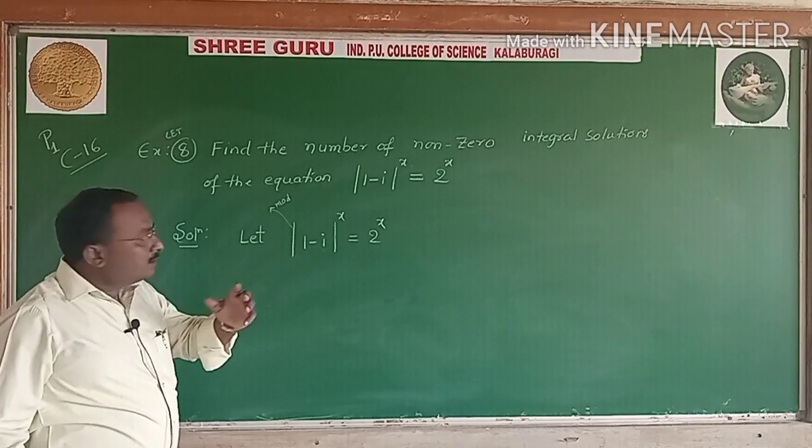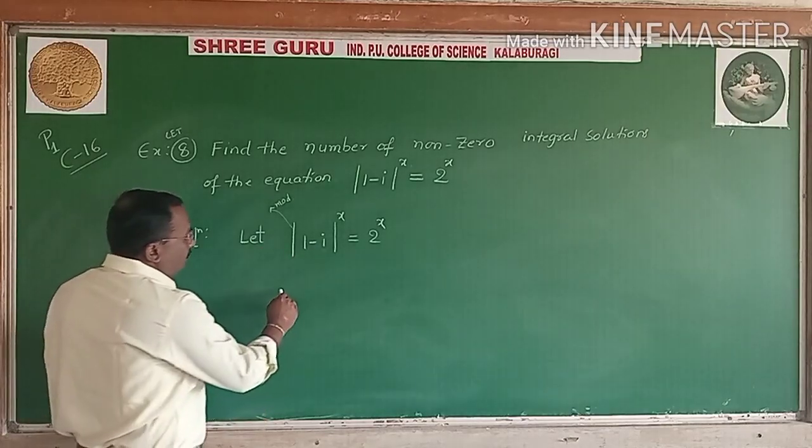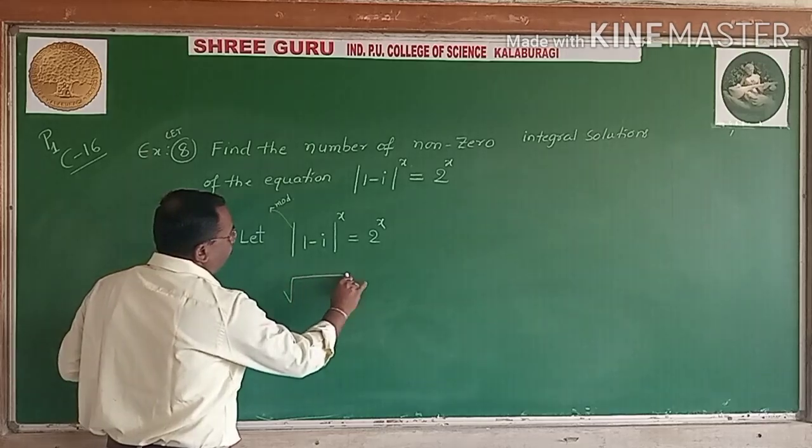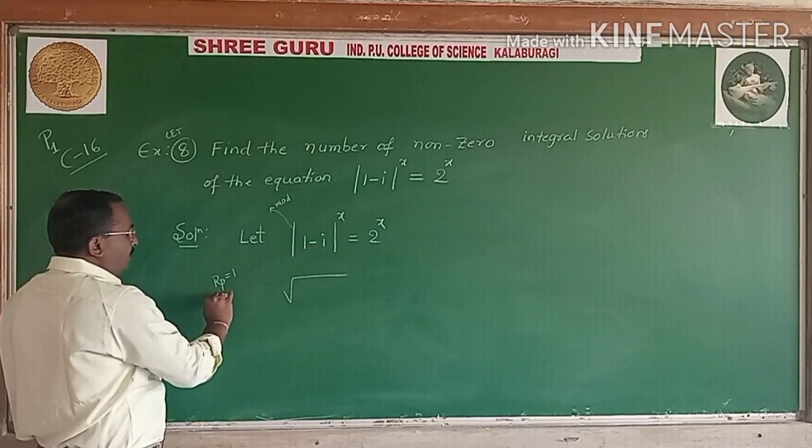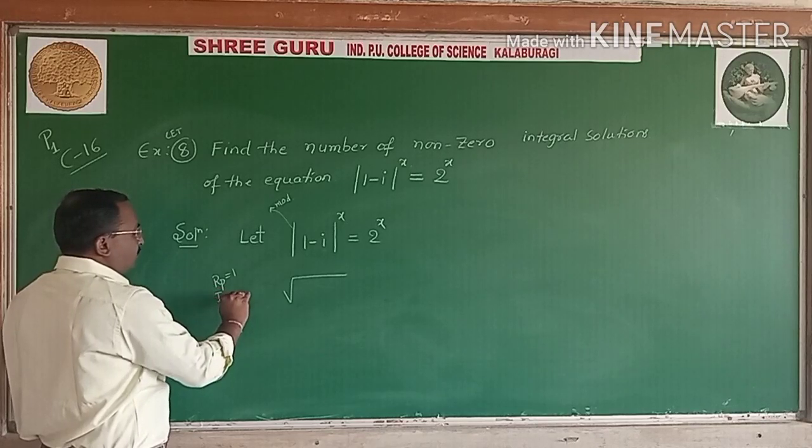Do you know the modulus definition, the modulus formula? It is the square root of real part square plus imaginary part square. In this place the real part is 1 and the imaginary part is minus 1.